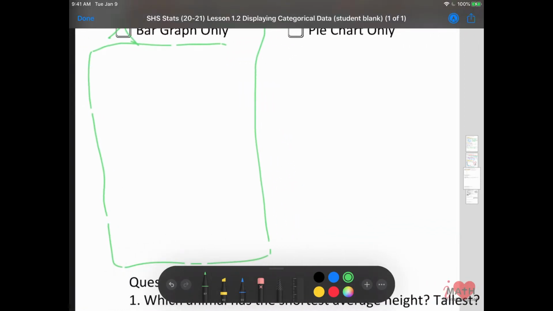The reason why is a pie chart is not appropriate for this data.